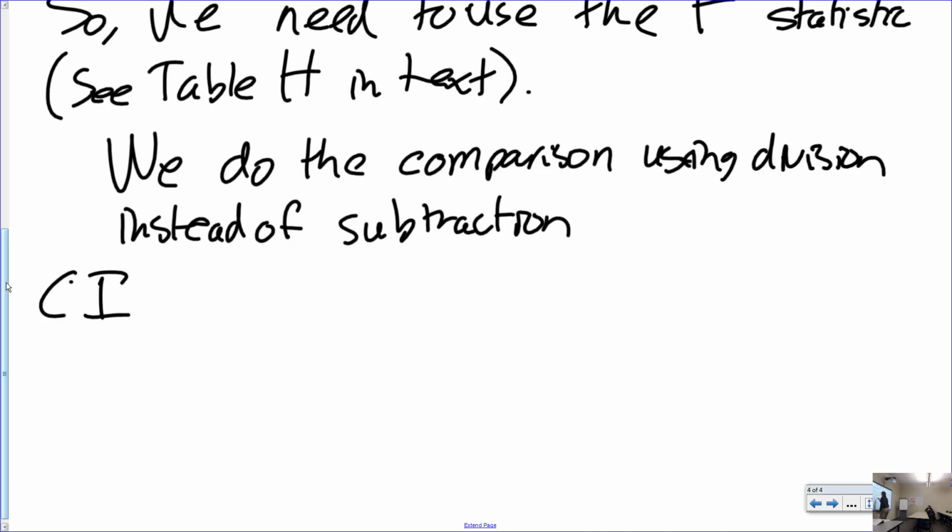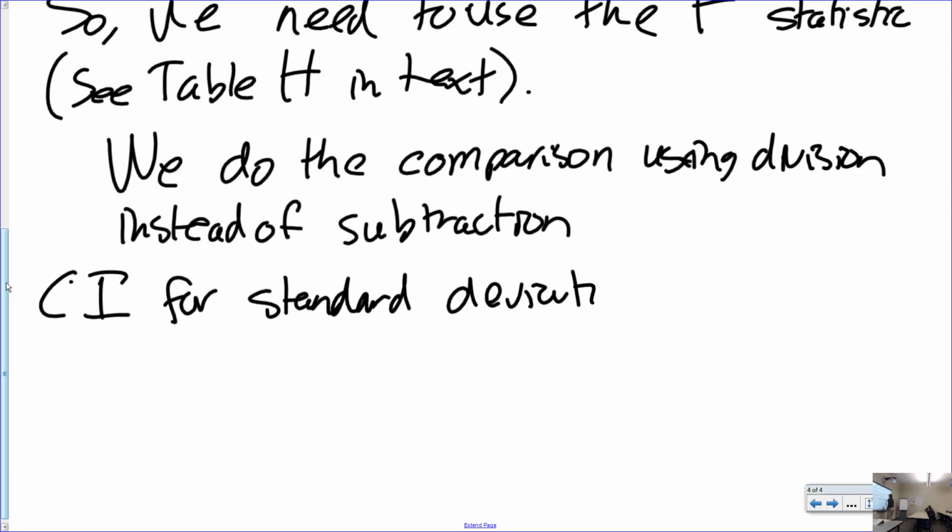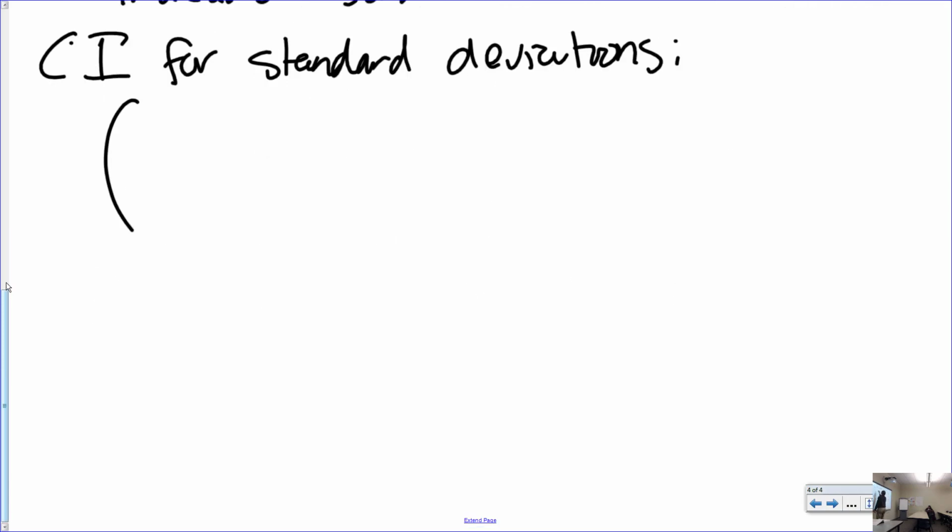Your confidence interval for standard deviations: you're just going to divide your two standard deviations. That's all you're going to do.